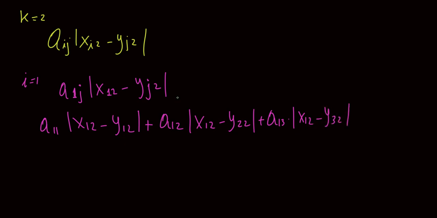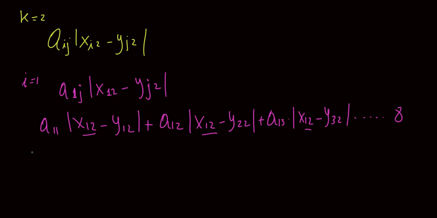You see how this term x12 does not change. In all the terms you have x12, x12, x12, because that is how it looks. We are expanding over j. j will go from 1 up to 8. So we have 8 terms for i equal to 1.